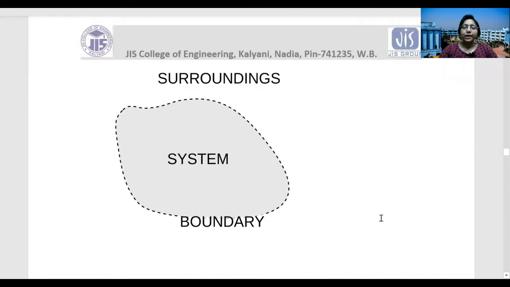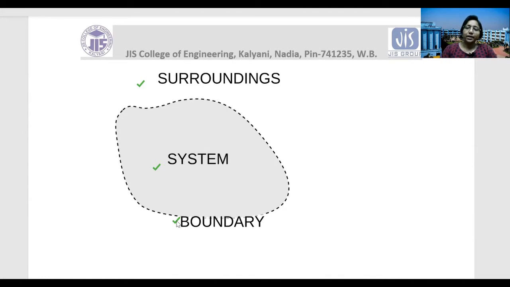Here you can see this is our system, this is the surrounding, and this is the boundary. We can take the system in different ways.